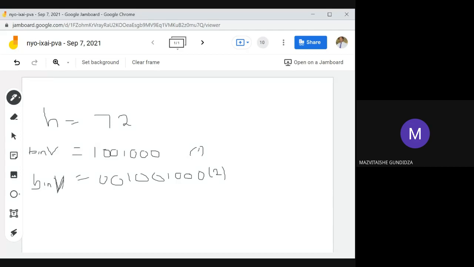Then we look at a number that is closest to 72, that would be 64. So if we say 64 is closest to 72, we'll put a 1. And then the next number, it's most likely to give us a 0 up until we get to 2 to the power 0.